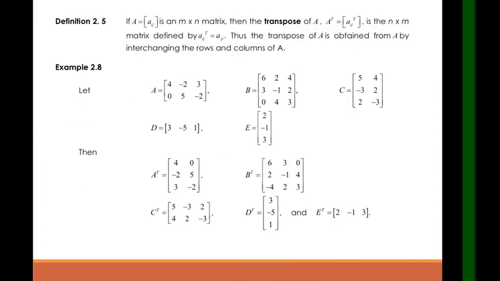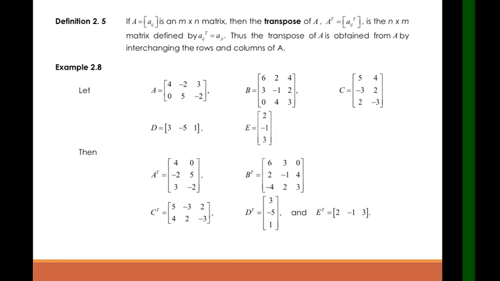After the addition, scalar multiplication, and difference between the matrices, let's have now the transposition. If A is equal to the square bracket of A sub ij is an m by n matrix, then the transpose of A, written A raised to t, is equal to the square bracket of A sub ij raised to t, is the n by m matrix defined.